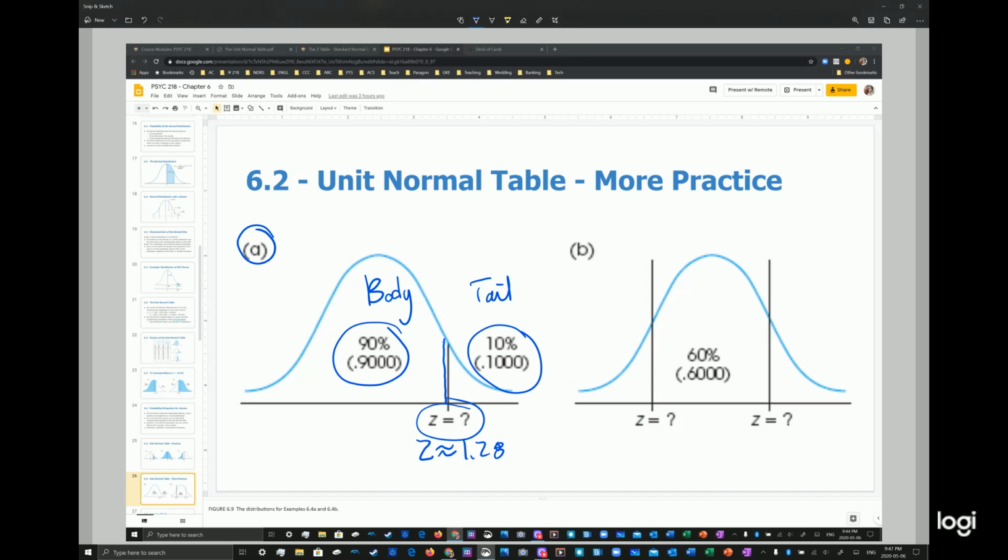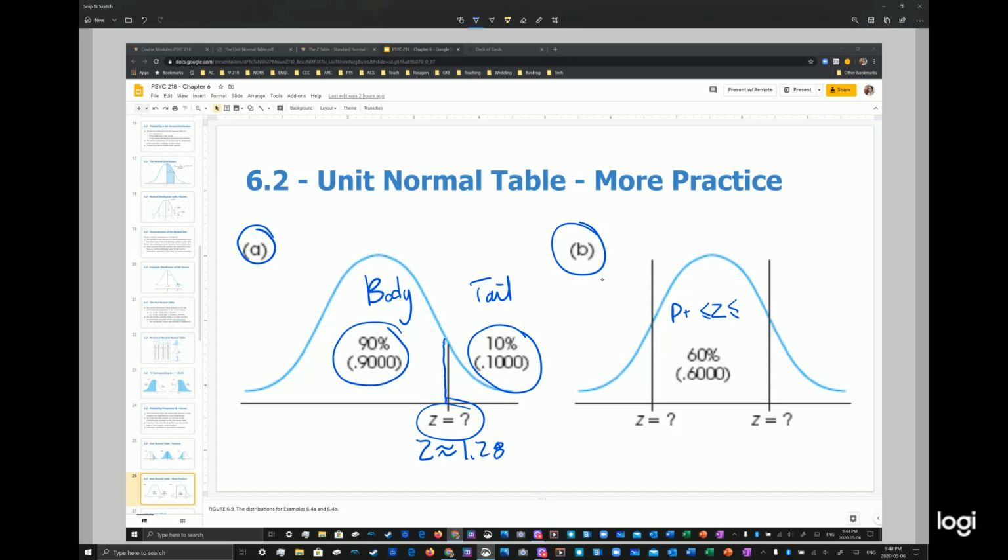Well, in distribution B, you're asked, what are the Z scores, plus and minus, that would give us a proportion of 60% of the population? So here, the probability then is Z is equal to something.